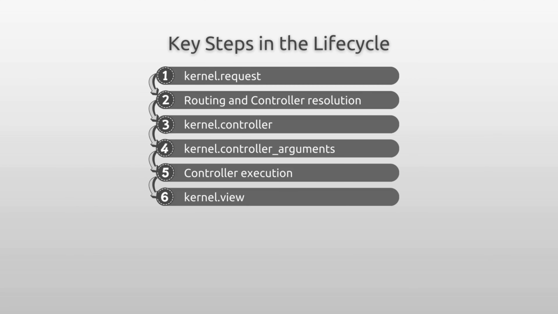This is commonly used in APIs where the controller might return JSON data or a view model. Seventh, kernel response. After the controller returns a response or after the kernel view event, this event allows listeners to modify the response before it is sent to the client.